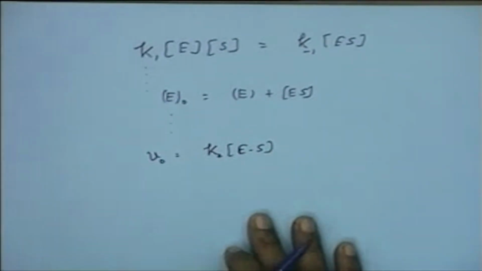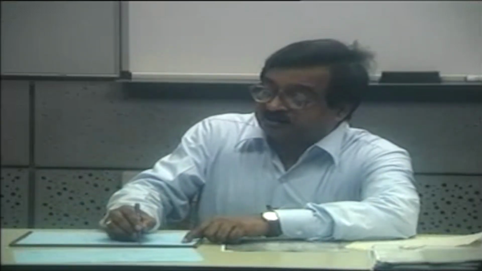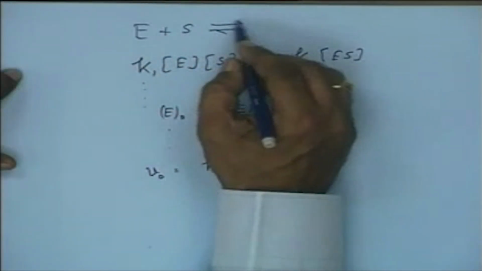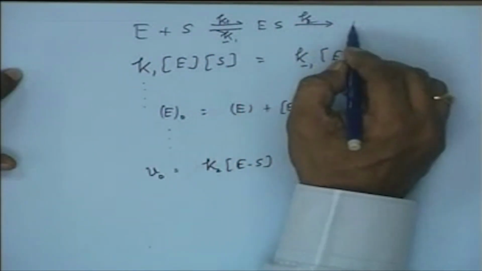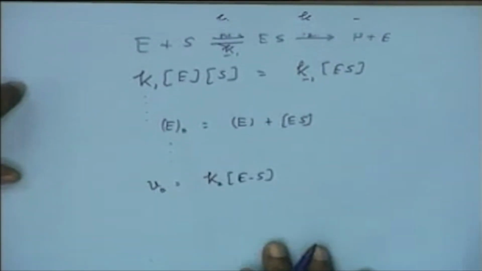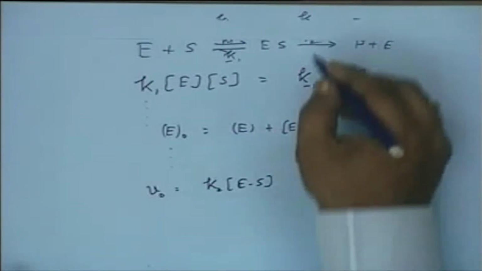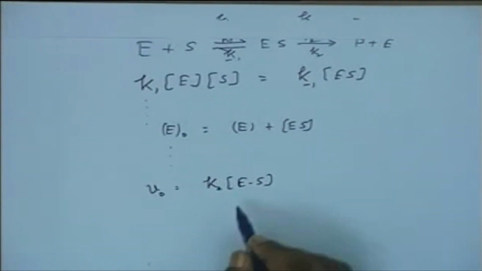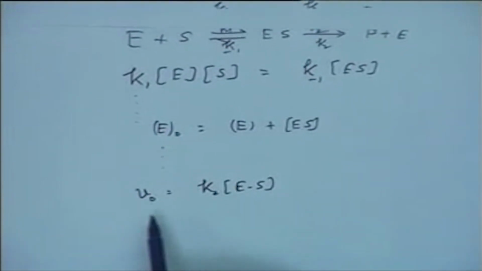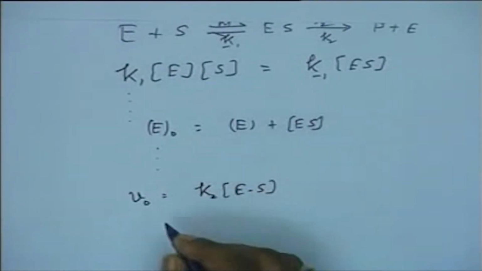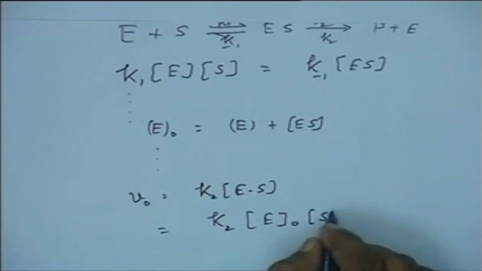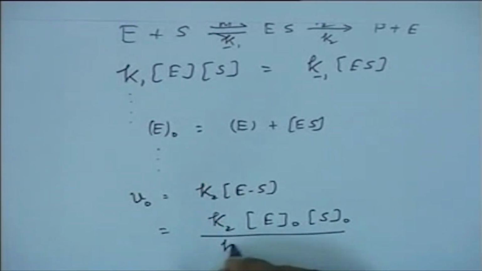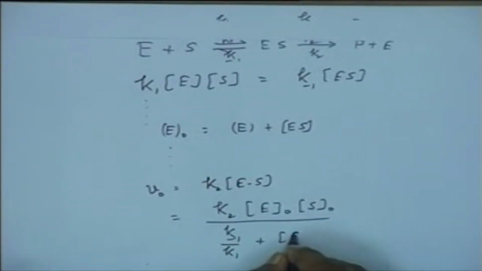If you look at the original mechanistic hypothesis proposed by Michaelis and Menten, K2 gives P plus E. So you can write K2 ES as the initial rate of reaction, on which substituting the various parameters you get K2 E naught S naught upon K minus 1 upon K1 plus S naught.